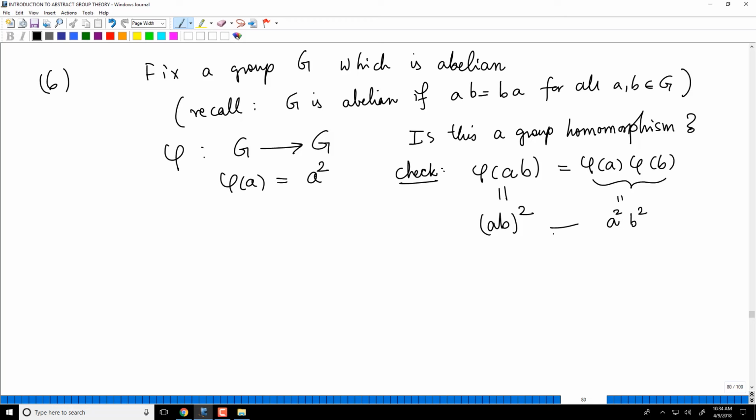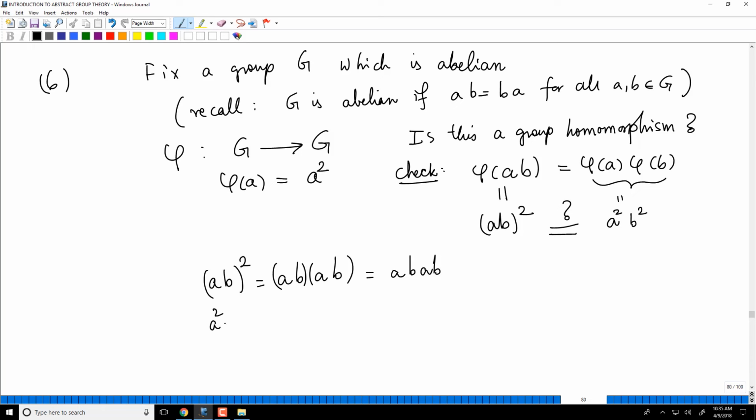Now are these two equal? And here is where we have to use the abelian hypothesis. Let's just write it down. AB whole squared is AB, AB, right? This is the definition of AB whole squared: AB, then AB. Because the group is associative, I am going to just remove the brackets and write this as AB, AB.